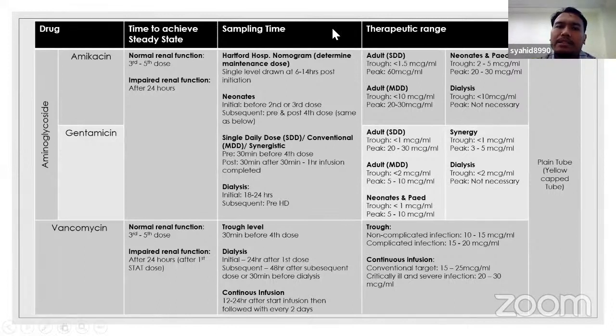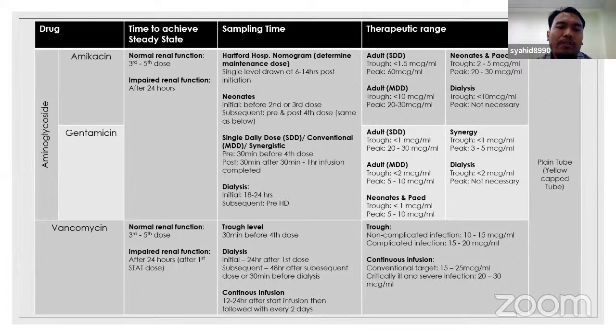As you can see, at the gentamicin side, we also have the therapeutic range for the synergy indication, because this medication is usually used synergistically in patients who have infective endocarditis. So for these patients, we also need to do TDM.